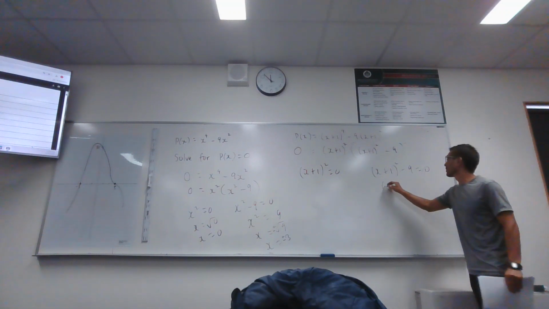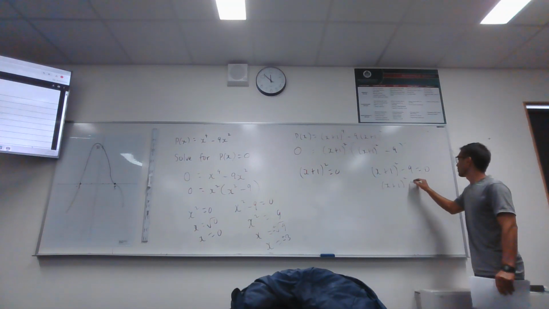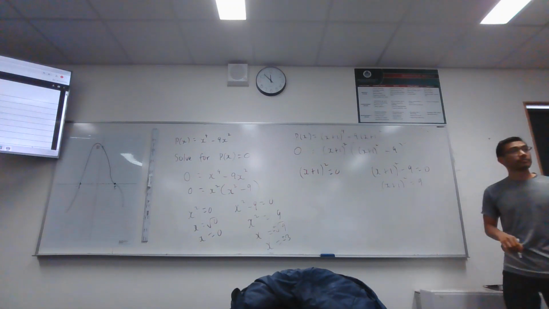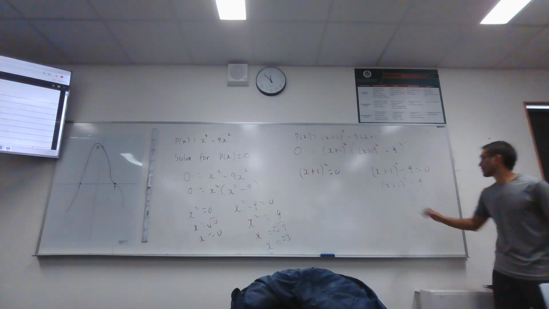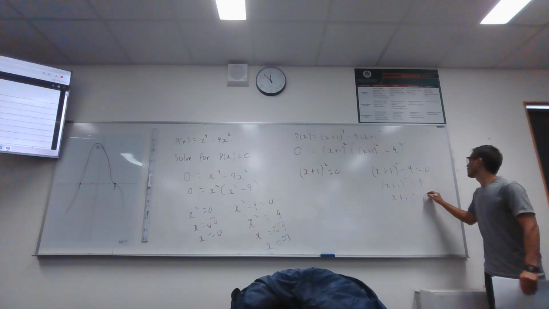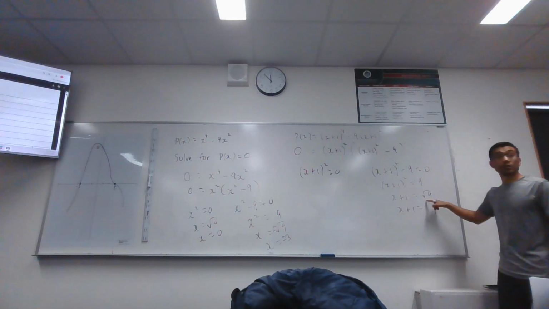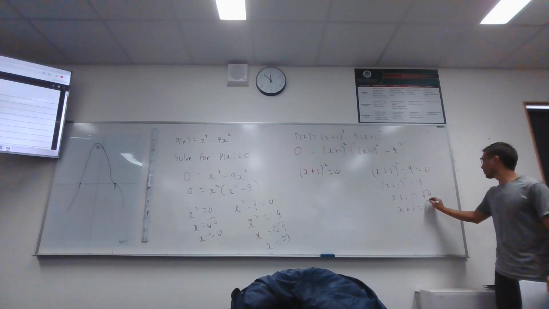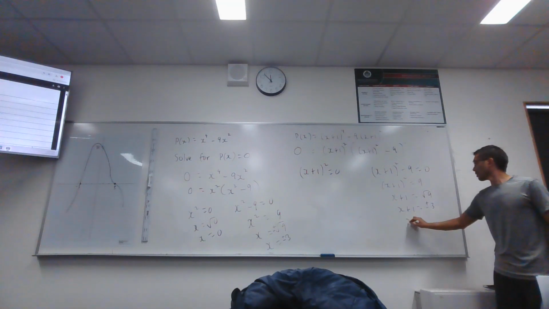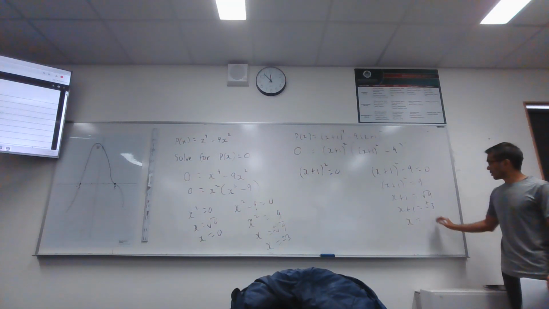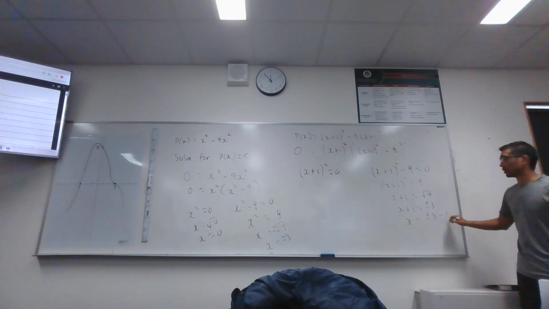Oh, you can? You can. And then square root to 9. Excellent. What do we need to make sure of? Plus minus of 3. X equals plus minus 3 with a minus 1.